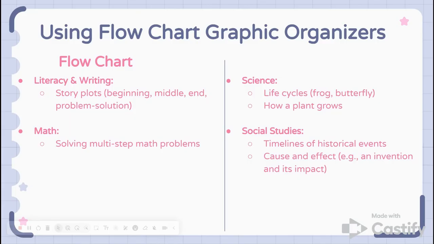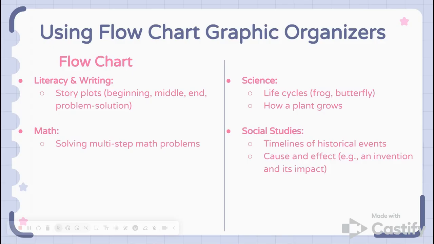For science, you could use a flowchart graphic organizer for life cycles, such as frog and butterfly, or maybe the steps for a science experiment, the hypothesis, test, and observation, or how a plant grows.